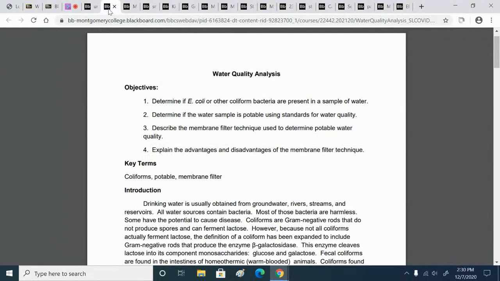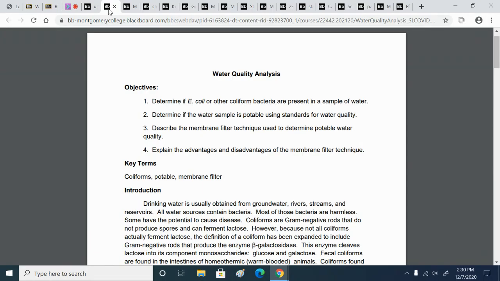So we also looked at water quality. Remember, for the water quality analysis, we were just looking for bacteria, and in particular coliforms. And coliforms are fecal bacteria like E. coli and Enterobacter aerogenes.